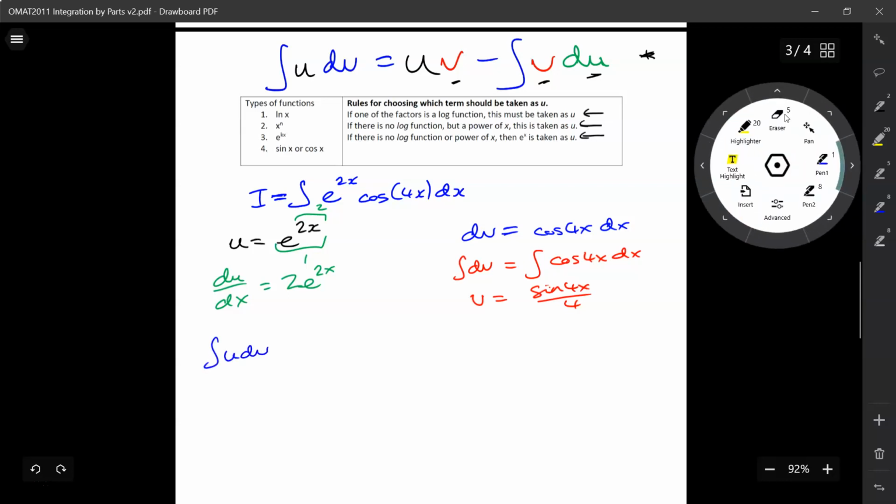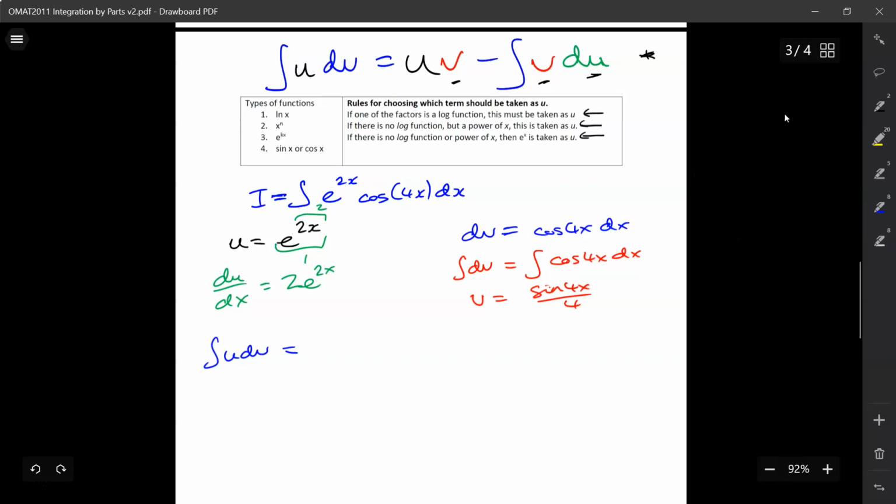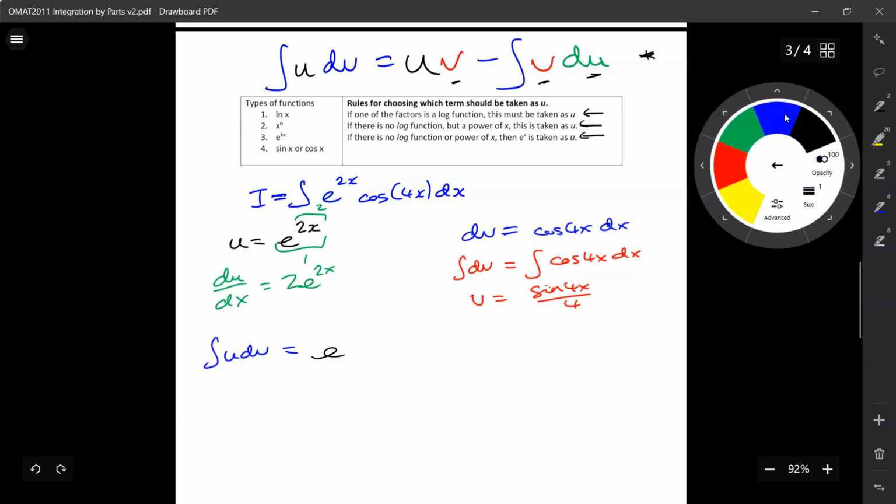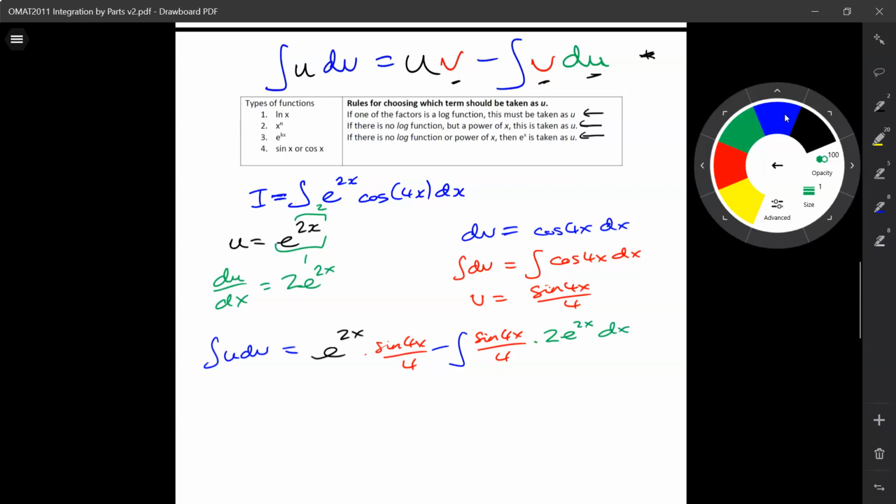So I say the integral of u dv is equal to, the first one is u, which is exponential 2x, times v, which is sine 4x over 4, minus the integral of v, which is sine 4x over 4, times du, which is 2 times exponential 2x dx. I've got to bring up the dx here, so we can say du is 2 times exponential 2x times dx.